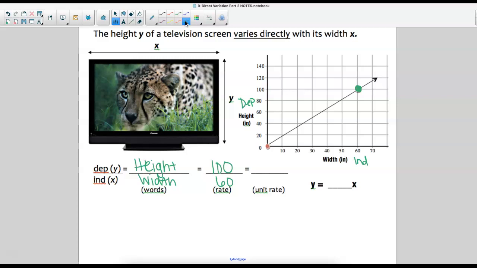We can divide by 10, which would be 10 over 6, divide by 2, 5 over 3. So the unit rate is 5 over 3, 5/3. So what's the equation? Abby. Y equals 5/3 x. Done.